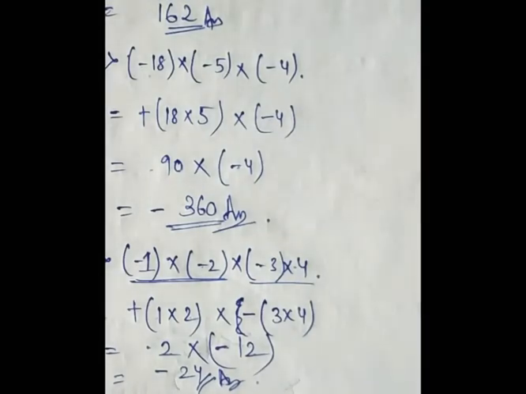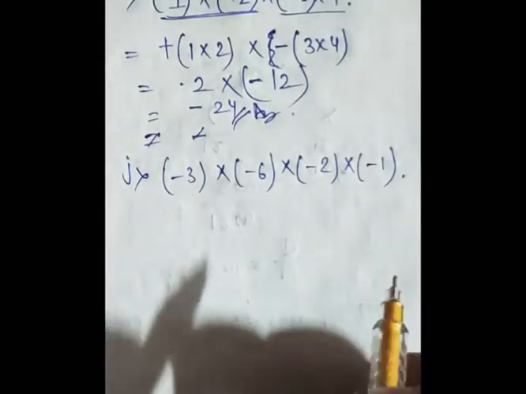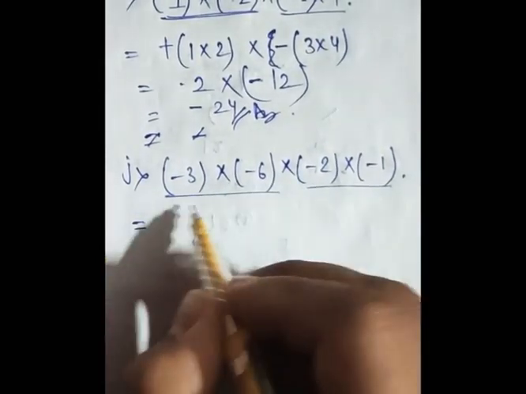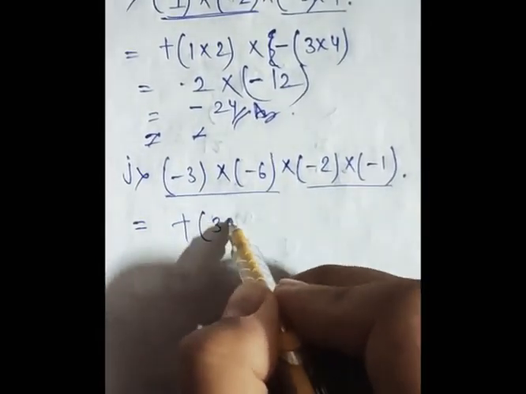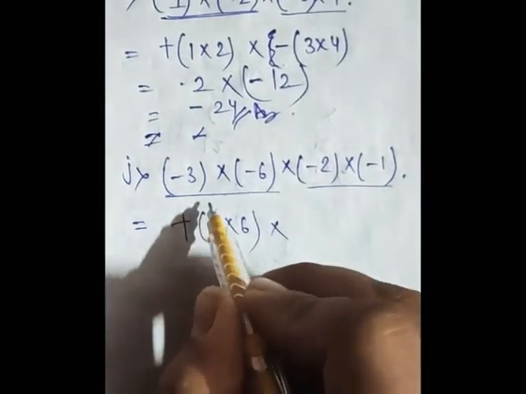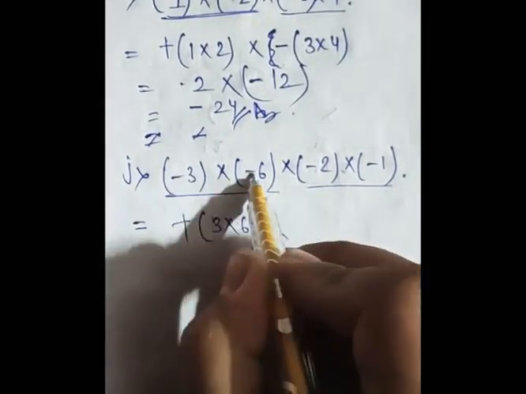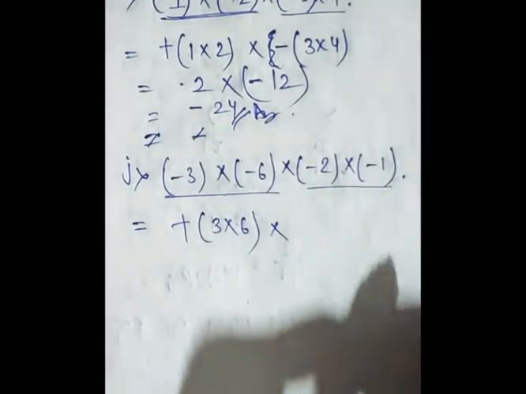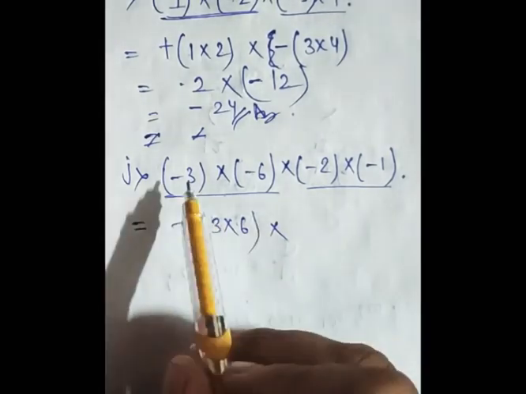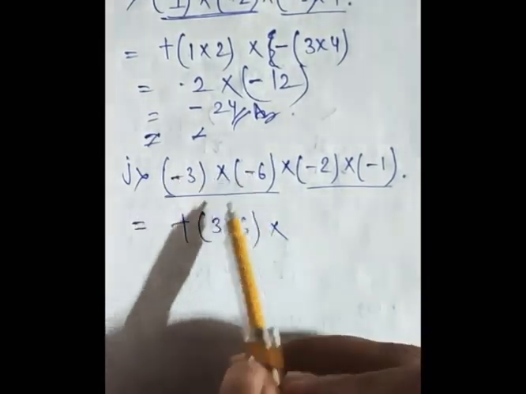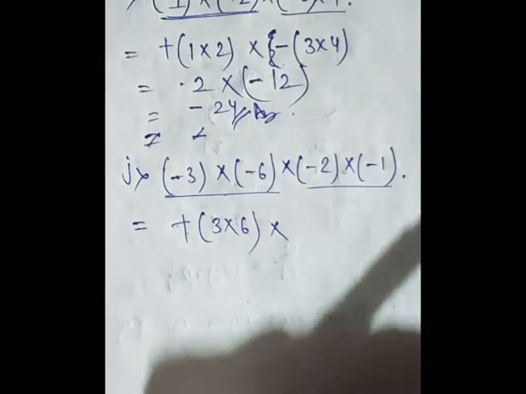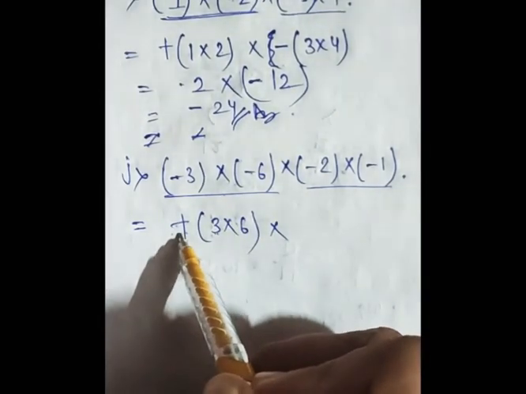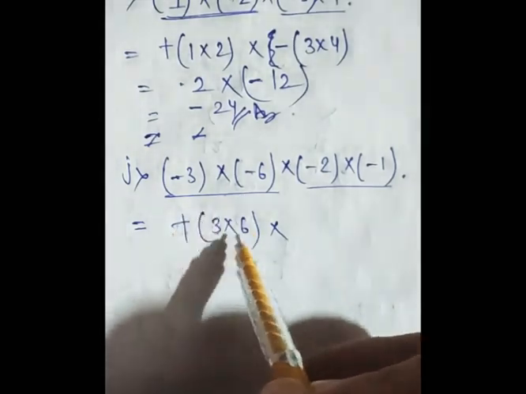This is all right. Our next question is J. Make it pair and try to solve it: minus minus plus, 3 into 6. Now don't write minus again here. You have solved the sign. Many of the students face this problem, so I am repeating that first of all you have to solve for the negative sign. Forget about the sign now, and just keep the positive integer remaining. If you have a negative, you write the negative first and then solve for the integer.